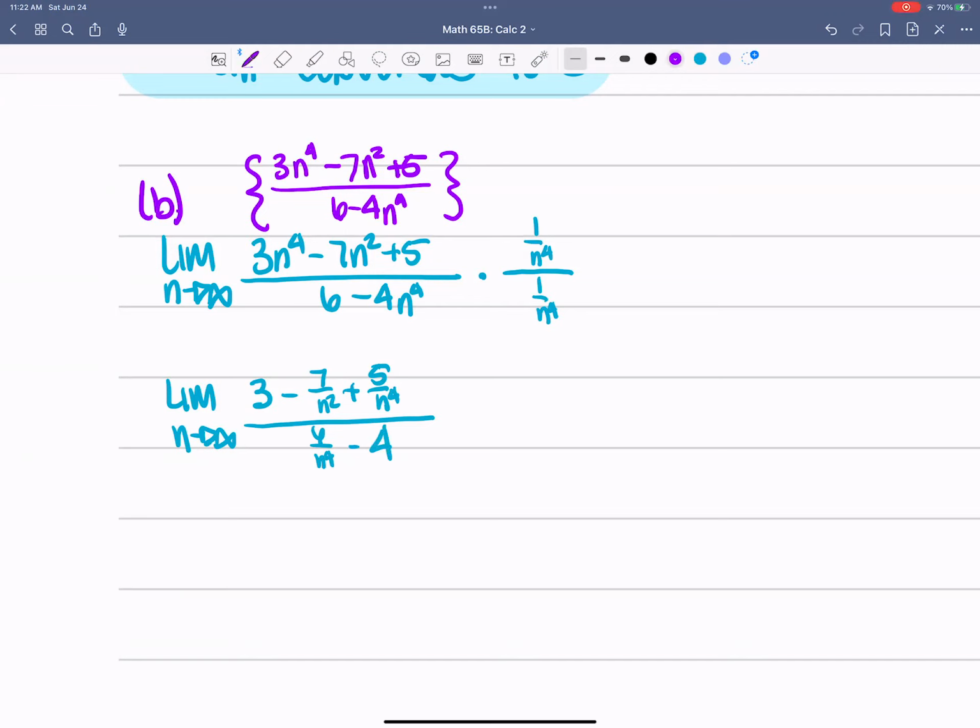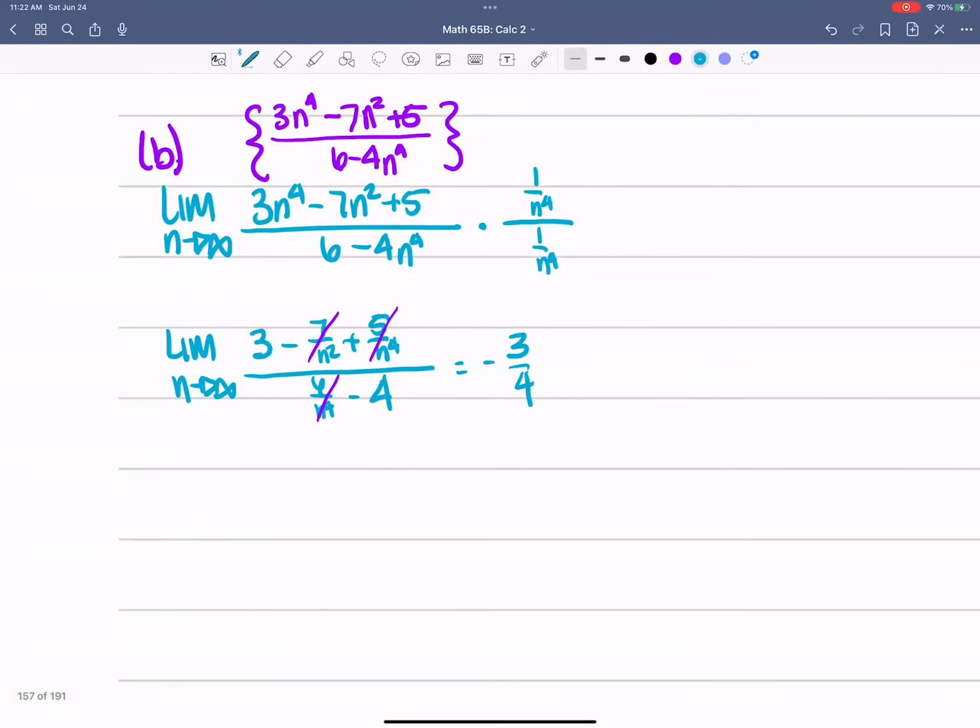As n approaches infinity, this goes to 0, this goes to 0, this goes to 0. And we're left with negative 3 over 4. So we say that this converges to negative 3 over 4. Therefore, a sub n converges to negative 3 over 4.